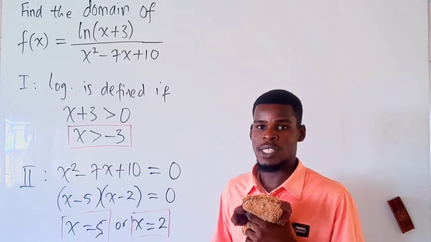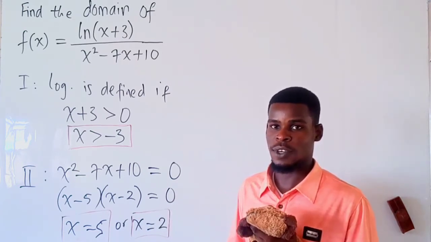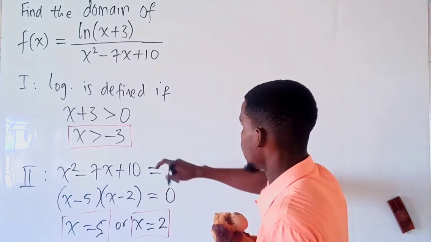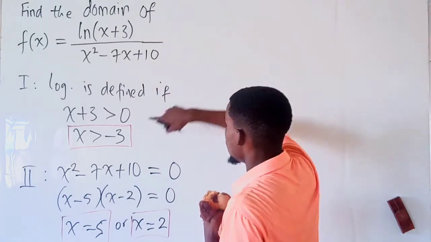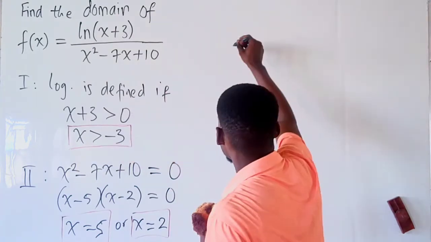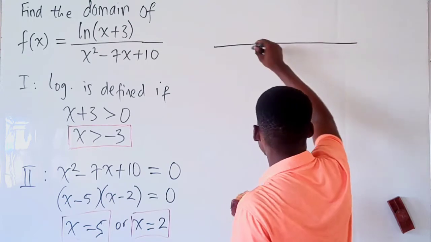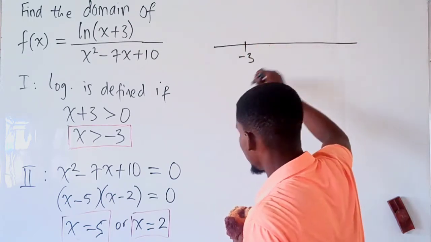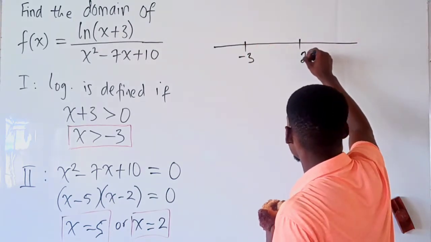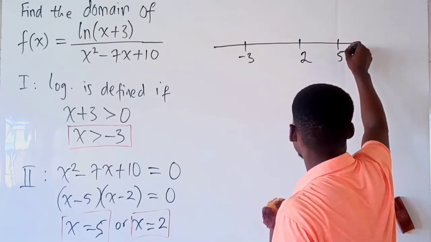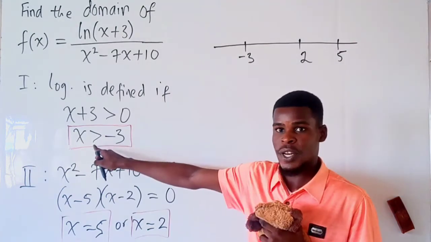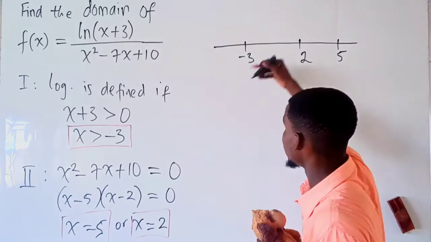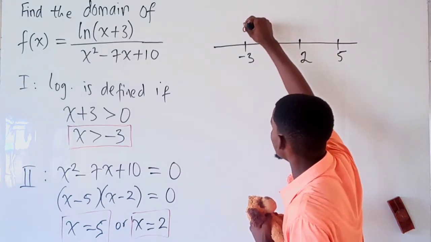So what we're going to consider now is to find the general domain of that function, and this will be this way. Now, considering numbers bigger than negative 3, suppose I have a number line like this. This is negative 3. Let's position 2 here, and then let's position 5 here. If we say every real number is strictly bigger than negative 3, then we are going to consider negative 3, but we do not include it.